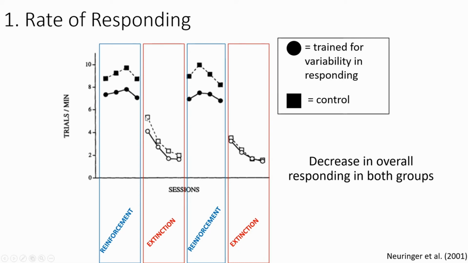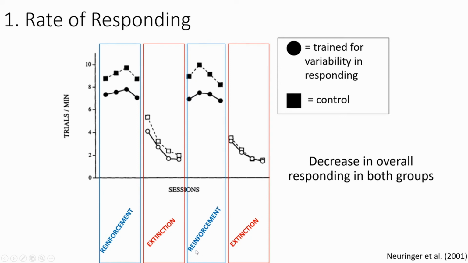At the beginning of extinction, both groups show a drop in responding. In the first session, it's a slight drop from what they were at when they were being reinforced. In the second session, it's an even bigger drop, and eventually they're down to very, very low rates of responding.